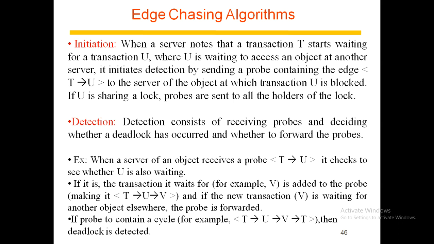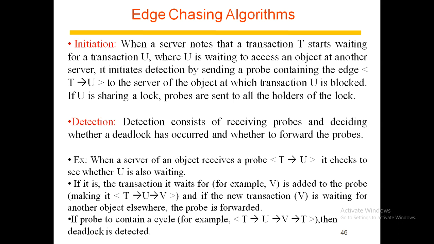Second step, called the detection step. Detection consists of receiving probes and deciding whether a deadlock has occurred and whether to forward the probes. For example, when the server of an object receives a probe T to U indicating that T is waiting for a transaction U that holds a local object, it checks to see whether U is also waiting.